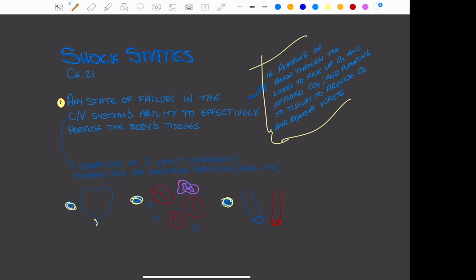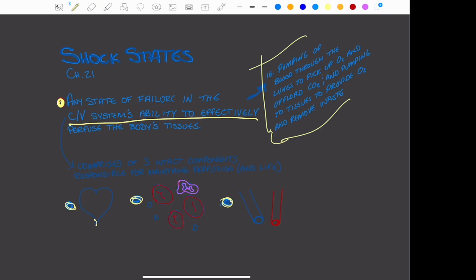So when we look at shock states and hemorrhaging, the big concern we have with any kind of hemorrhage is that we're going to end up compromising the cardiovascular system and its ability to effectively perfuse the body's tissues with oxygen-rich blood. It's not just that we're looking for oxygen-rich blood.